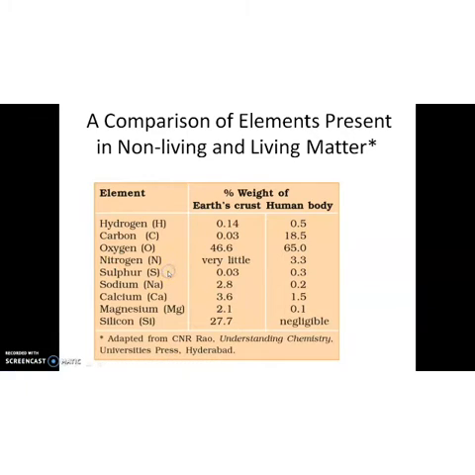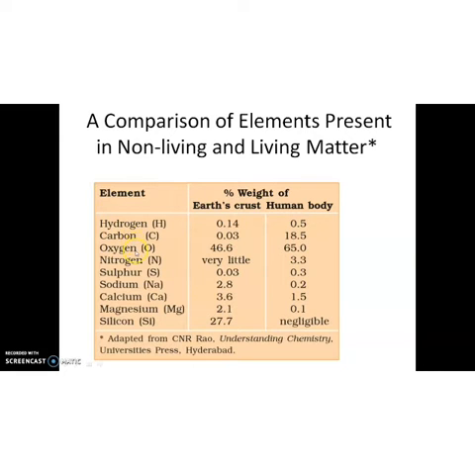Children, this table is there in our textbook. This table shows a comparison of elements present in non-living and living matter. Here we take earth crust as an example for non-living things and the human body as an example for living things. Which are the elements present?